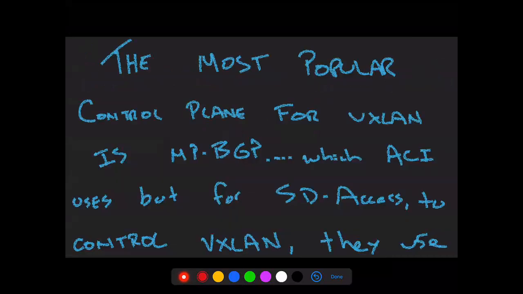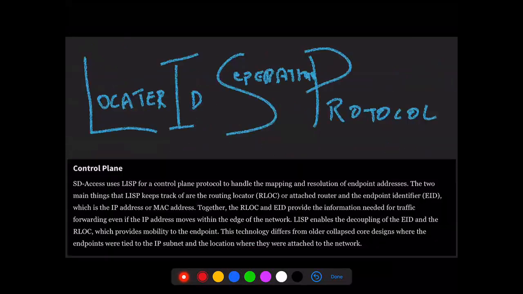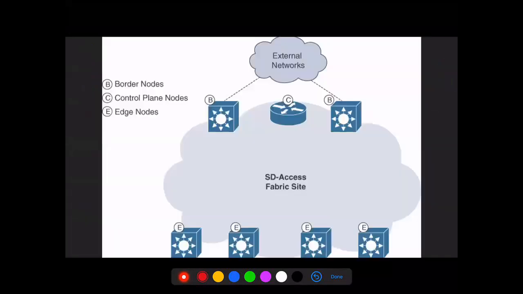Multi-protocol BGP is often the control plane used in conjunction with VXLAN, but in SD-Access, we use LISP as the control plane. LISP works by having a control node. Multi-protocol BGP is still push, so if this device were to learn a route, it would push that route out so all these other endpoints can learn what's behind them.